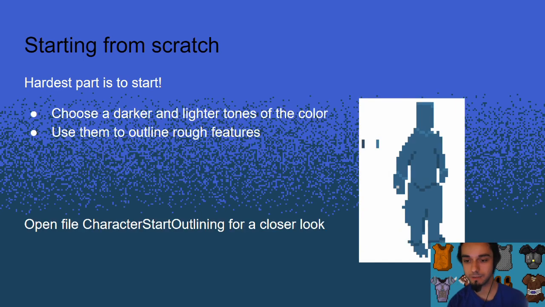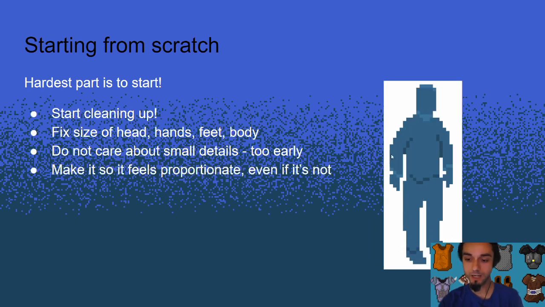So let's say that we look at it here, we can see that this arm is maybe a bit too big, this one is a bit too small, the head is maybe a bit too big for the torso, the hips are a bit too big, the feet are not matching. So we start removing some parts, adding some parts, until we start to get a feeling of it.